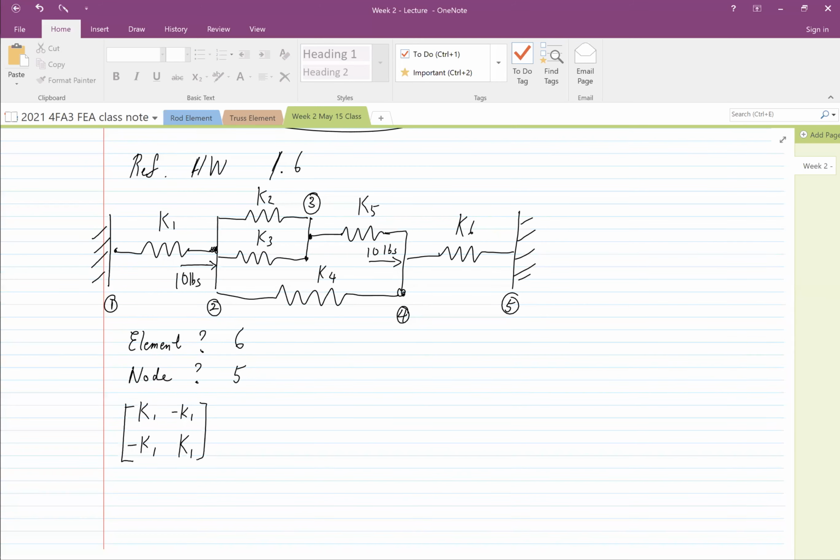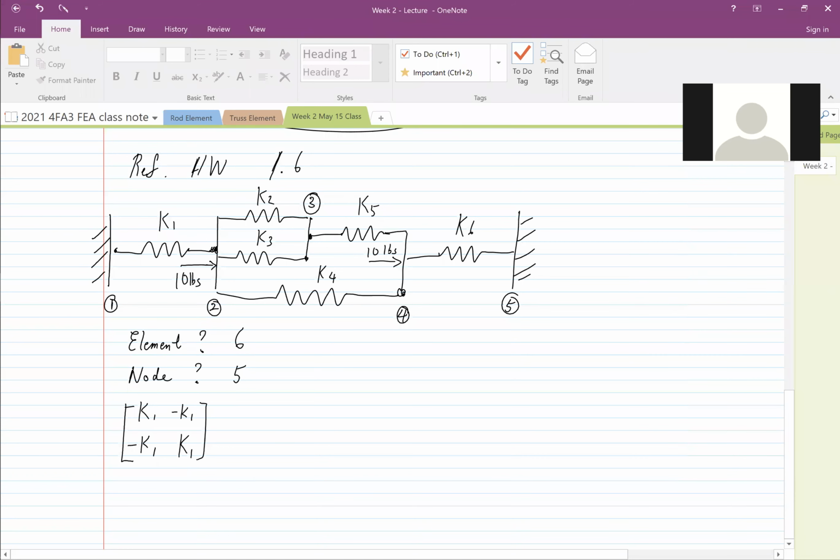Aha, right here, it becomes a big matrix. K2 plus K3 minus... you know what? Let's call it K2 plus 3, minus K2 plus 3.